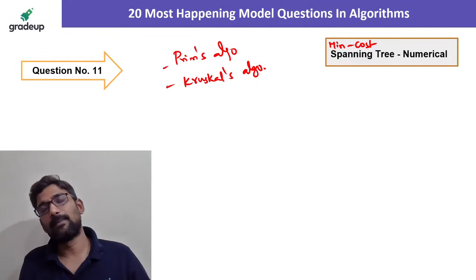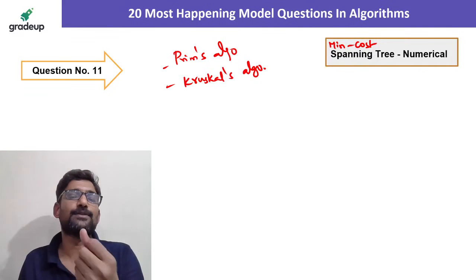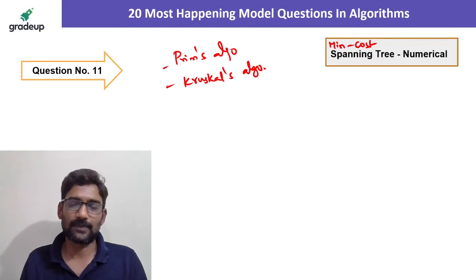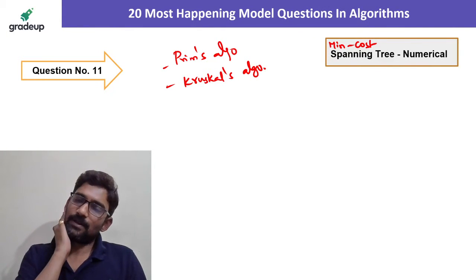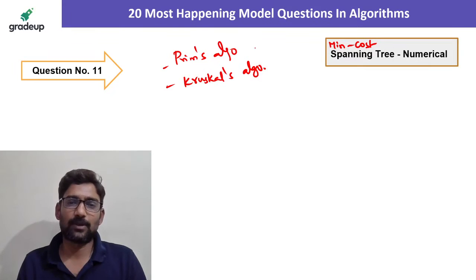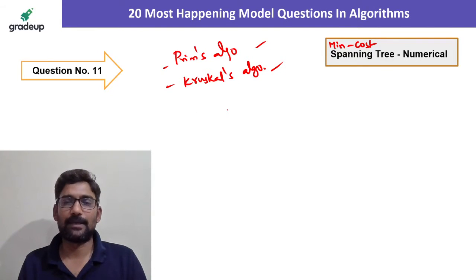But Bellman-Ford algorithm can detect that there is a negative weight edge cycle and there is no solution for it. That is the beauty of Bellman-Ford algorithm. So for minimum cost spanning tree, we have Prim's algorithm and Kruskal's algorithm. From these you may get a question, where you are given a graph.